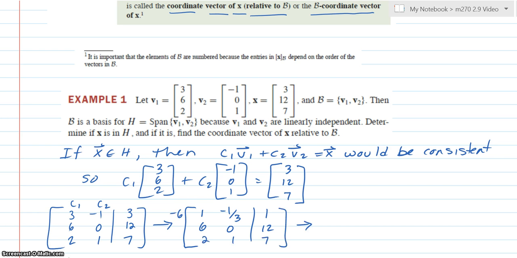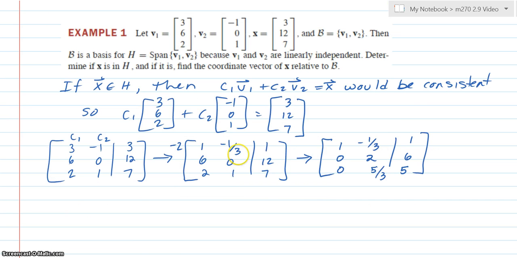Multiply the first row by negative 6 and add to the second row, to get 0, 2 plus 0, and negative 6 plus 12. Then I'm going to do the same thing with negative 2: add negative 2 times the first row to the third row, and I should get 0, 5/3. How did I get the 5/3? It was 2/3 plus 1, which is 1 2/3, or 5/3.